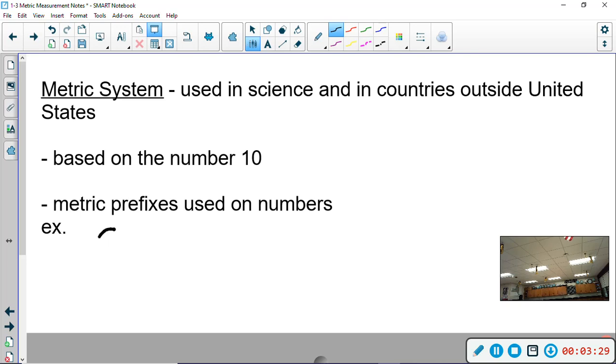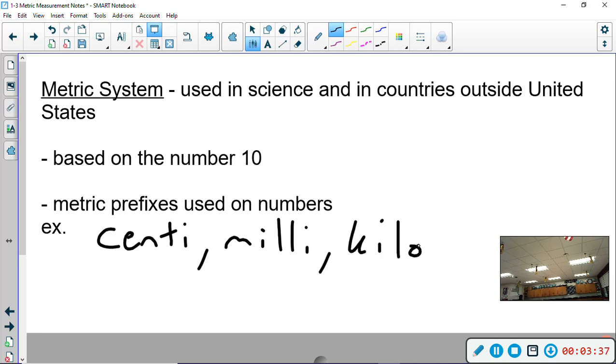So again, we have centi, milli, kilo, deci. All right, we'll have to eventually learn all those. We're going to use something called the ladder method to change between them and move the decimal around to change your units, basically.